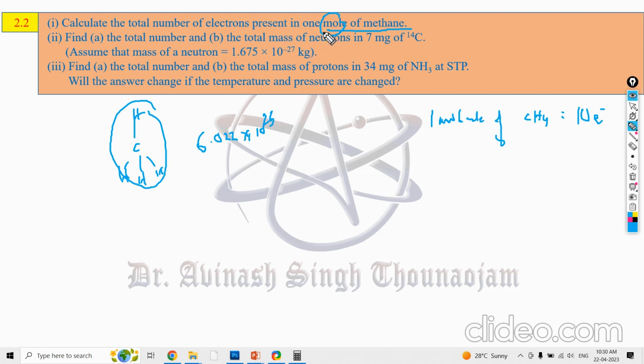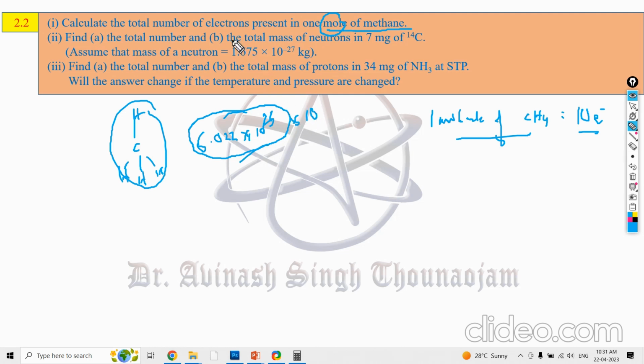Each methane molecule has 10 electrons, so 1 mole of methane will have this multiplied by 10.